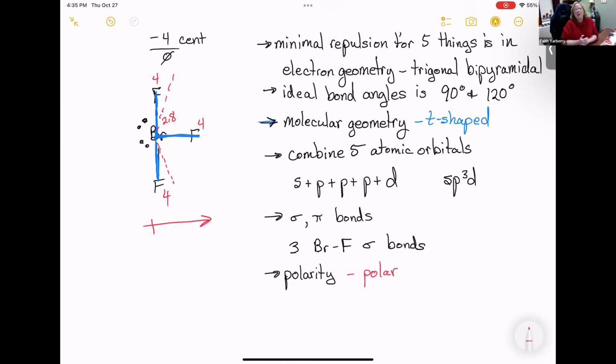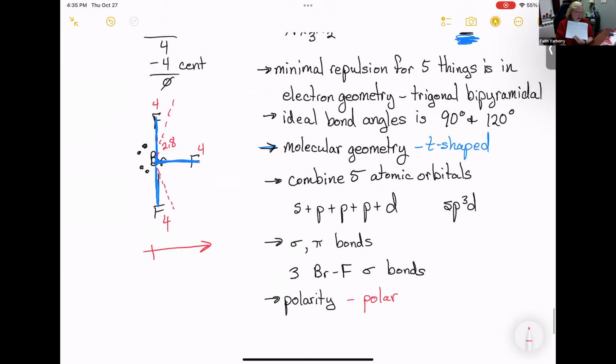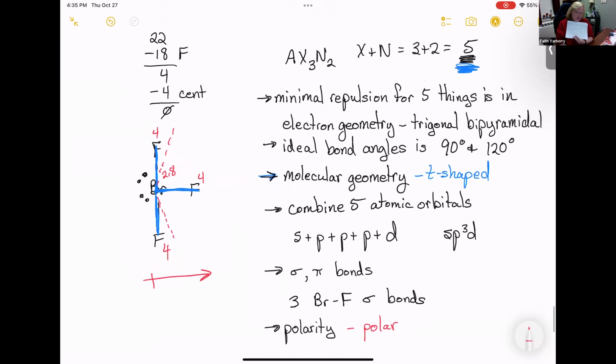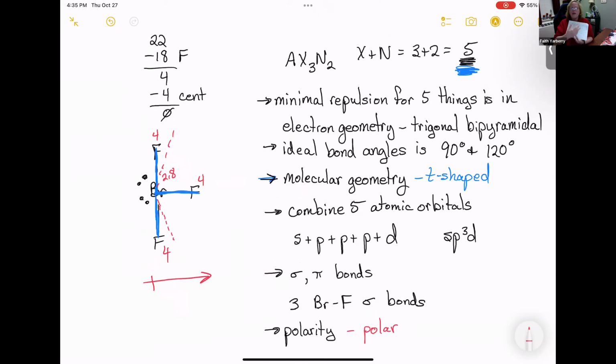Questions about that one? Again, folks, your packet helps you walk through each one based off of that notation that I've given you, which helps you a lot along the way. Yes, you do need to be able to draw these molecules.